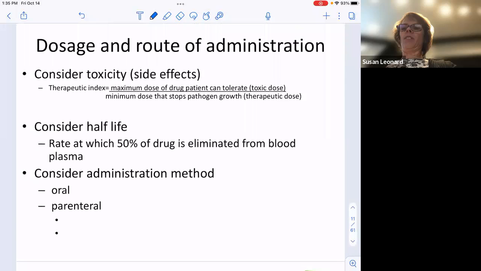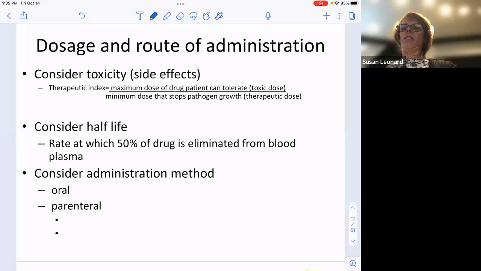Consider the toxicity. We have a way to tell the toxicity of a drug by comparing the dosage that a patient can tolerate to the dosage that will actually kill the microbe.